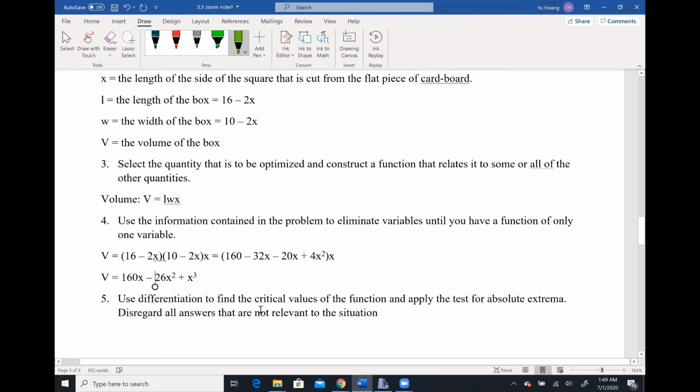Now you should have 52x squared plus 4x cubed.